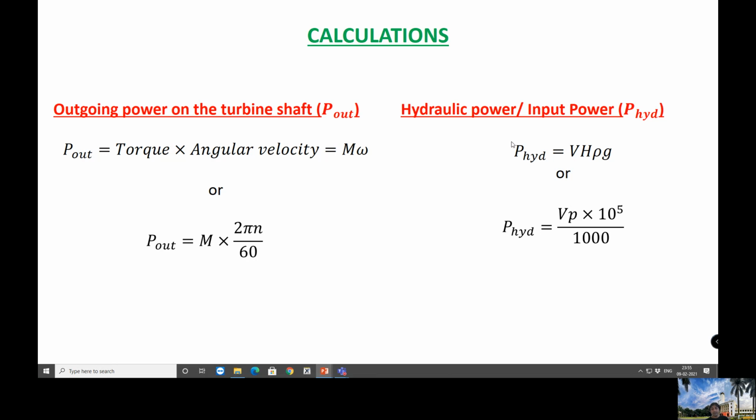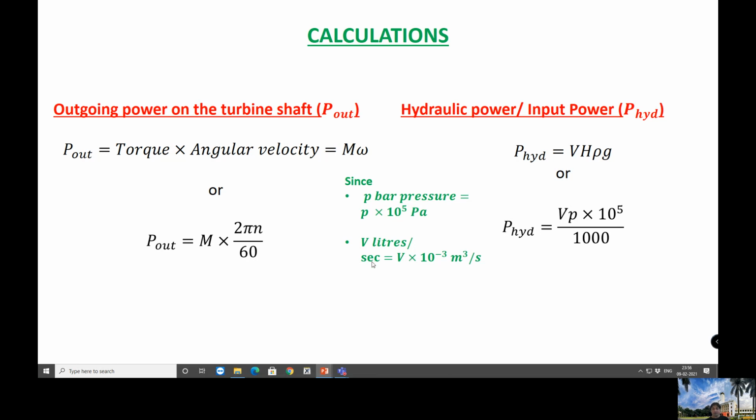the chapter of momentum. The power is the volume times head times rho times g. So the hydraulic power, P hyd: because the pressure is measured in bar, for converting into Pascal we multiply by 10 to the power 5.